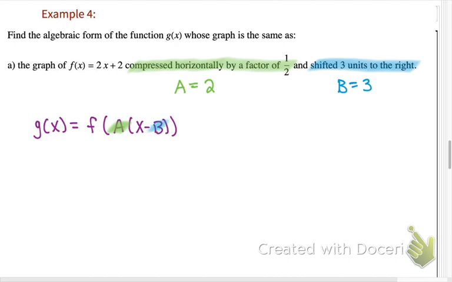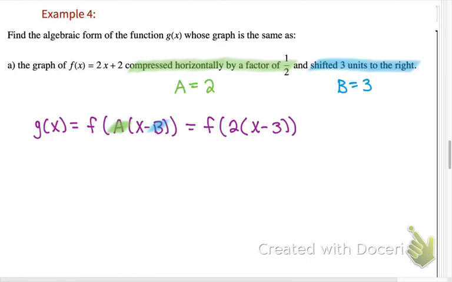B is the stuff that I have highlighted up in blue. Your first step is to not do anything to your value of f. So leave f alone, and we're going to replace A with 2 and capital B with 3. So g of x is f of 2 times x minus 3.